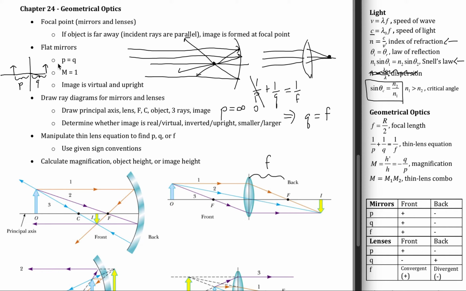If the object is that high, the image is going to be that high. The magnification is 1. We see here that magnification is the image height over the object height. So if the magnification is 1, that means that the two heights are equal to each other. They're the same height. And the image formed is always virtual and upright.